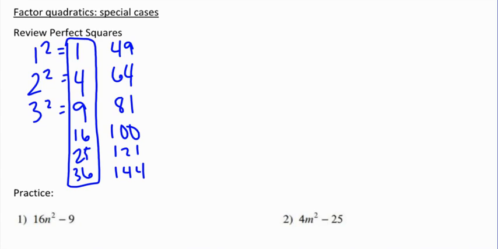Okay? So if we have a polynomial that has perfect squares as the coefficients, we can use that to our advantage. Okay, so there is a little bit of an outline.